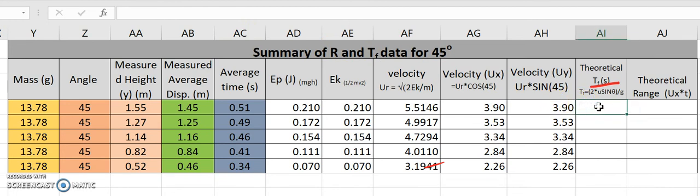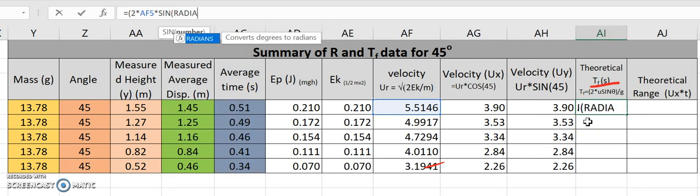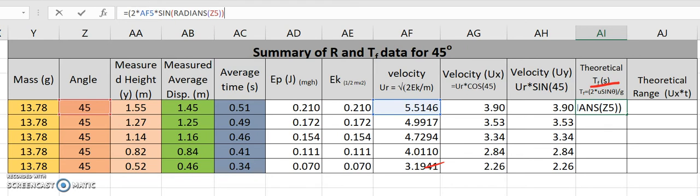Let's say it's equal to, open bracket, 2 multiplied by ur, multiplied by sine, open bracket, radians, open bracket, of 45 degrees, close bracket, close bracket, close bracket, divided by g, which is 9.81, close bracket.